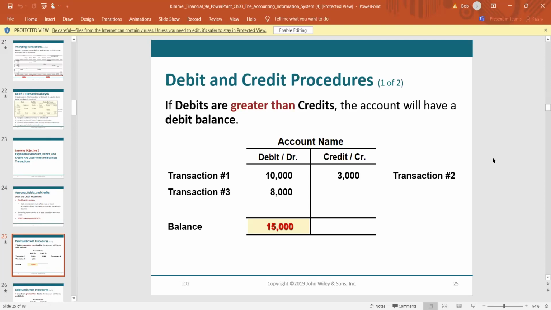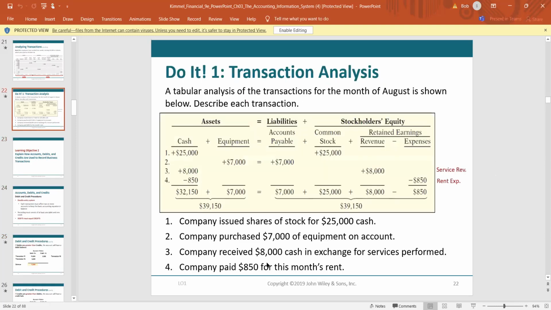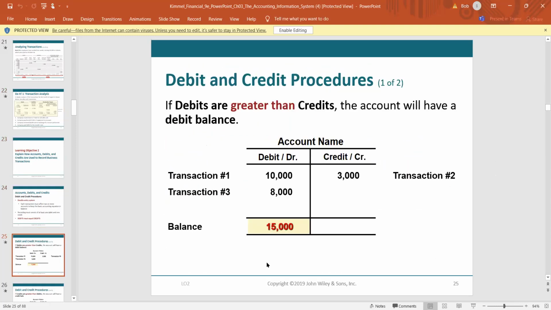What you're being shown here is a T account, which mimics your general ledger. So we can think of this as your general ledger, books of original entry. So transaction one, we had $10,000. In this transaction here, whatever we did, we increased, we'll call it cash just for the heck of it. We increased cash by 10,000 with a debit, and we increased cash with an 8,000 here with the debit, and we credit. But the purpose of this slide is to show you how to get the balance.